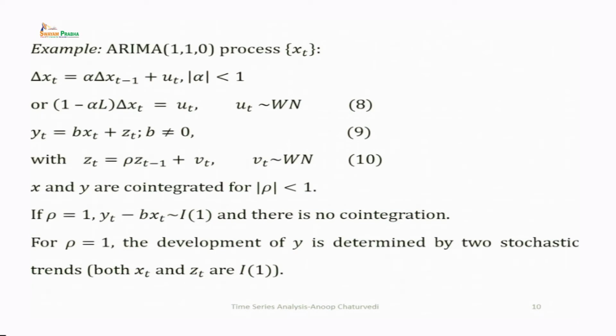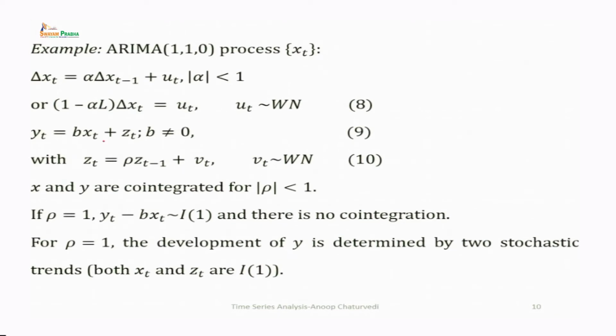Now, we consider this example of an ARIMA(1,1,0) process. Since the process is integrated of order 1, the first difference delta x t follows an AR(1) process. So, delta x t is equal to alpha delta x t minus 1 plus u t, mod alpha is less than 1, or you can write it as (1 minus alpha L) delta x t equal to u t. U t is a white noise process.